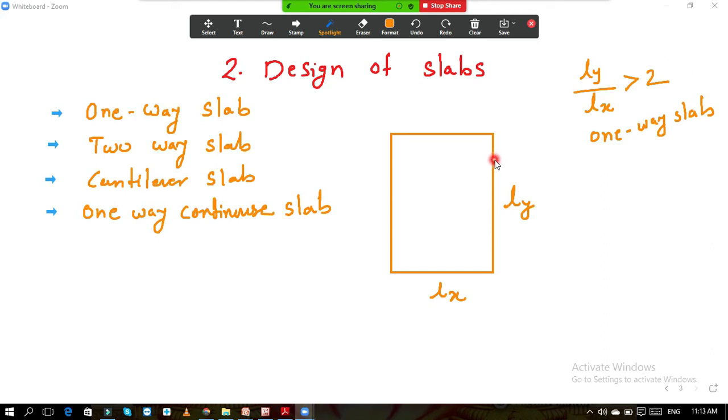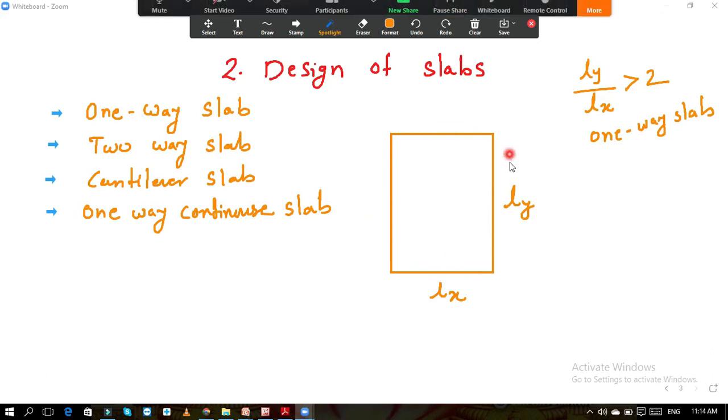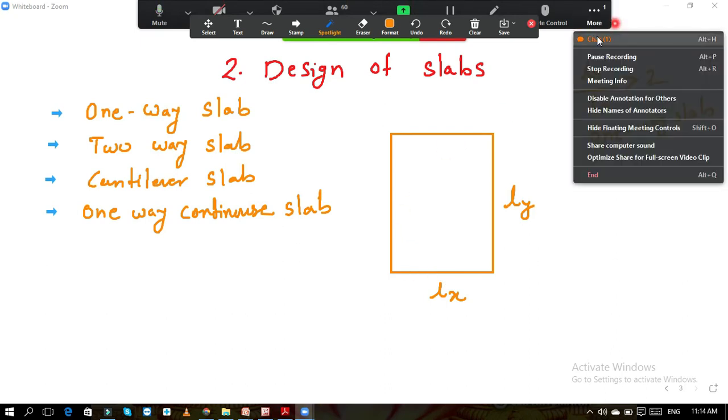The slab may be supported on two parallel sides, on these two sides or on these two sides, or it may be supported on all four sides, depending upon the boundary condition. Sometimes beams are provided only on two parallel sides and there are no beams on the other sides. Or otherwise, in many cases, the beams are provided on all four sides.